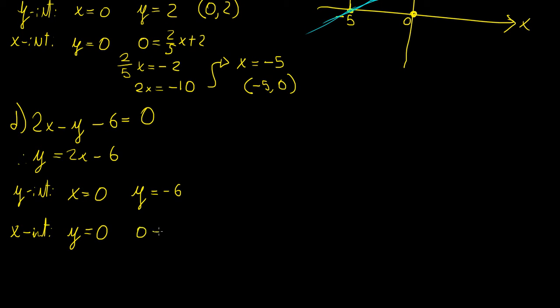So we're going to have 0 equals 2x minus 6, such that x equals, so add 6 to both sides, so this becomes 6 equals 2x, and then divide both sides by 2, so x is going to be 3. So this point is going to be (0, -6), and this point is going to be (3, 0).